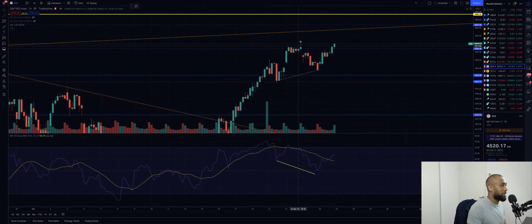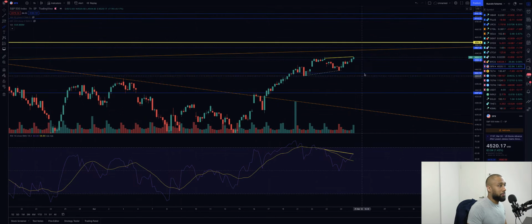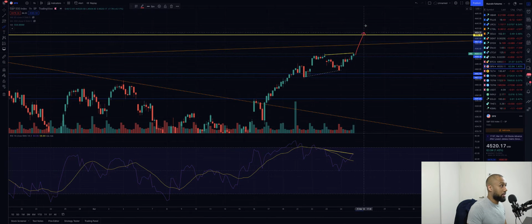So we did have that, but I want you to keep in mind that we currently are experiencing a bearish divergence. So we could actually come back down. We could have a red day tomorrow, come back down, and then maybe have our ascension, or we could just break through, and then this bearish divergence would be negated altogether.